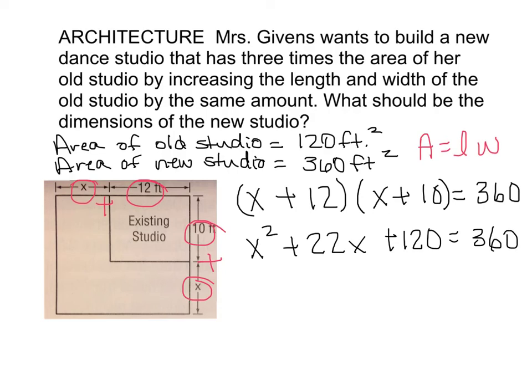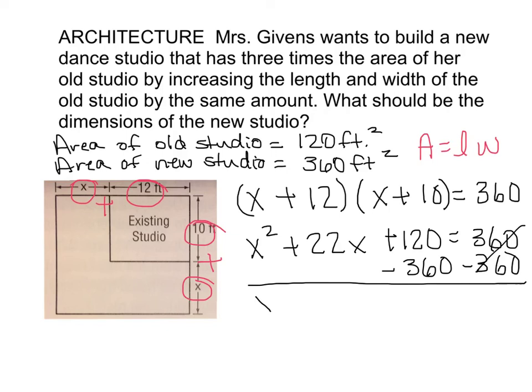Okay, now remember that form of a quadratic equation: ax squared plus bx plus c equals 0. So since I don't have this equation equaling 0, I've got to subtract the 360 from both sides. Okay, so now we have x squared plus 22x minus 240 equals 0.